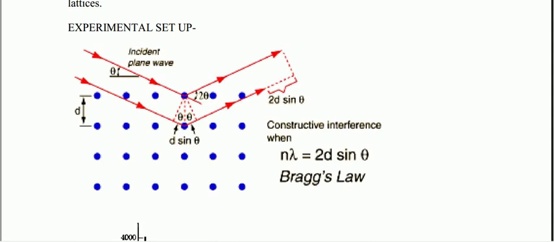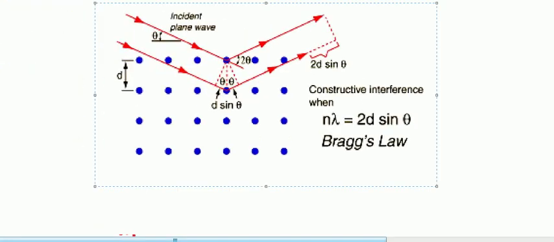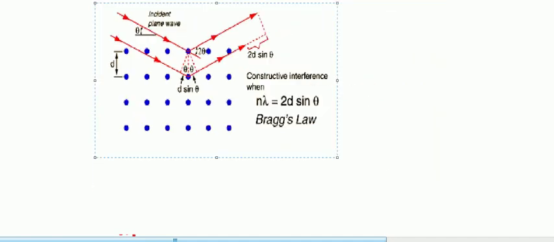So now, based on this experiment, to explain the intensity graph, we had to do something. Bragg first gave the idea of how the entire thing is actually functioning.